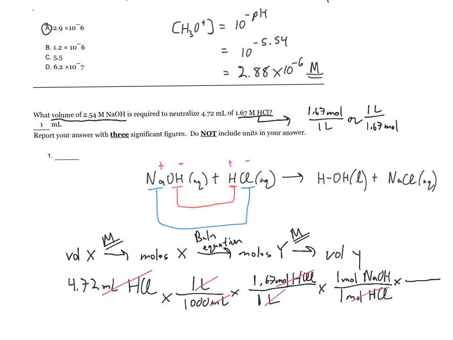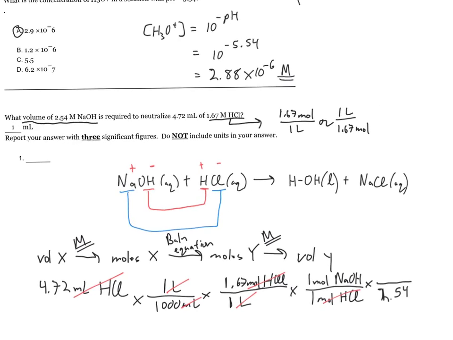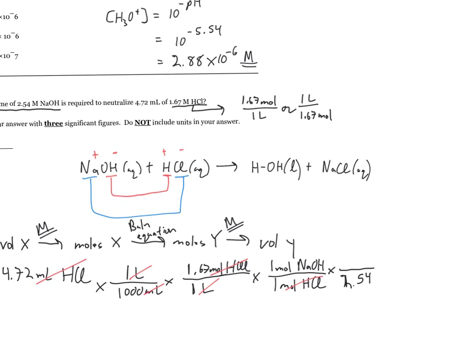And then the molarity of the sodium hydroxide, you've got 2.54 moles of sodium hydroxide in 1 liter.